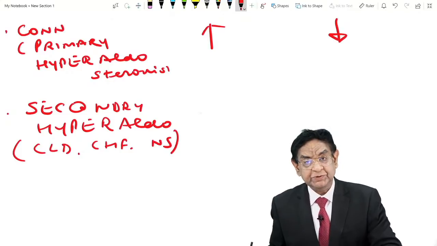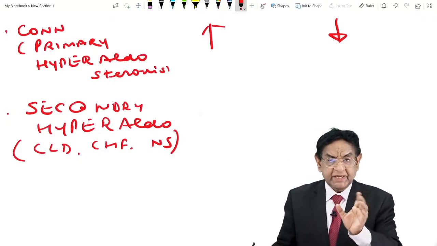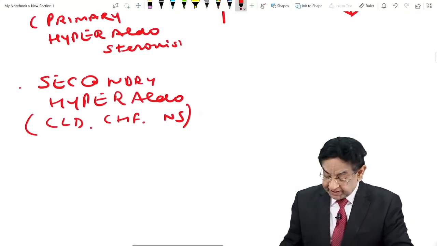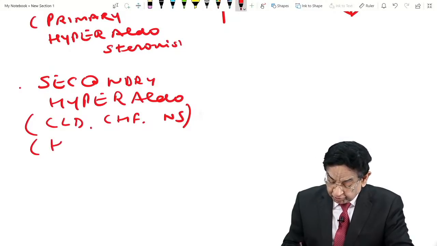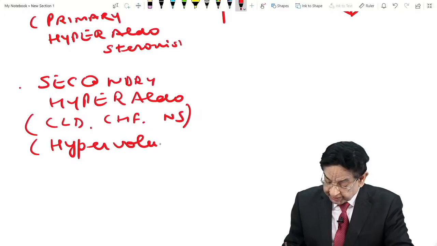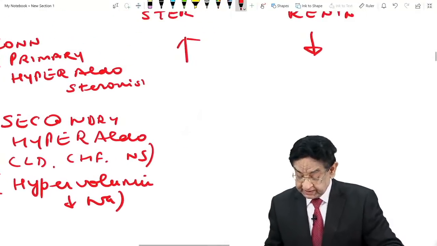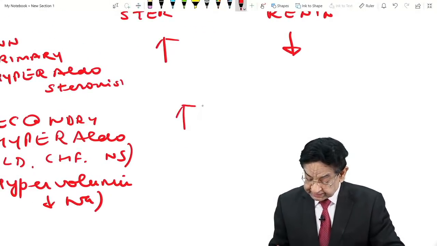And if I ask you in which category we studied this, the category of hypovolemic hyponatremia, you remember? Yes. In this case, both are increased.